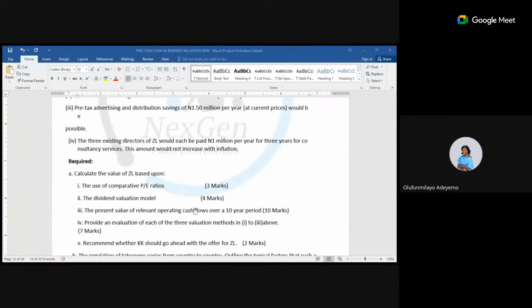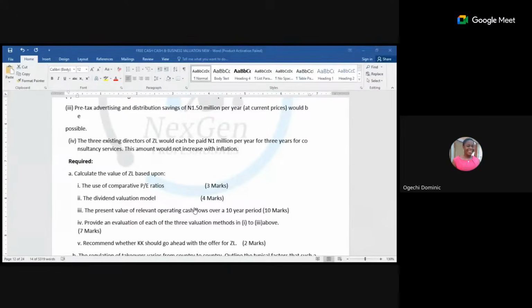I think I'm trying to look at it from your view. So that is what it is. 1 million per year, so 1 million times 3. That is 3 million. So we'll not pay them 1 million each.